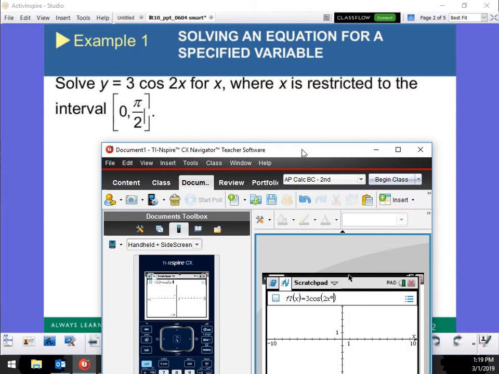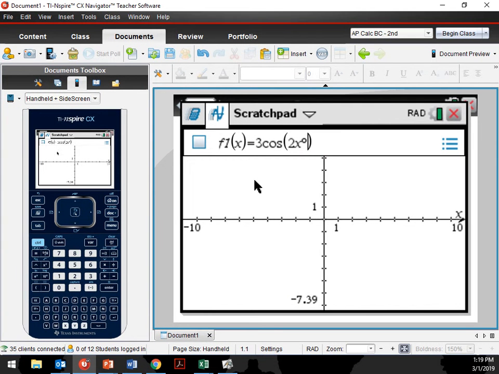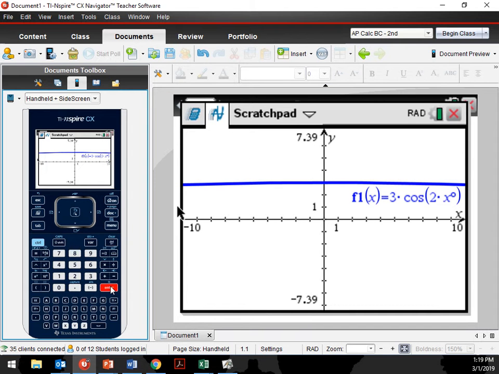No. What's the trick to this all the time? Force it to go to degrees, right? So my window, now that I entered this, is from where to where? 0 to 90.